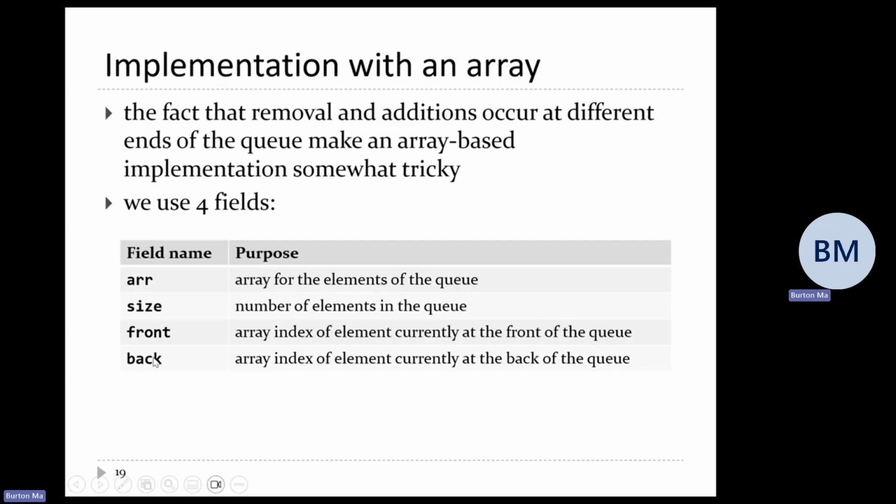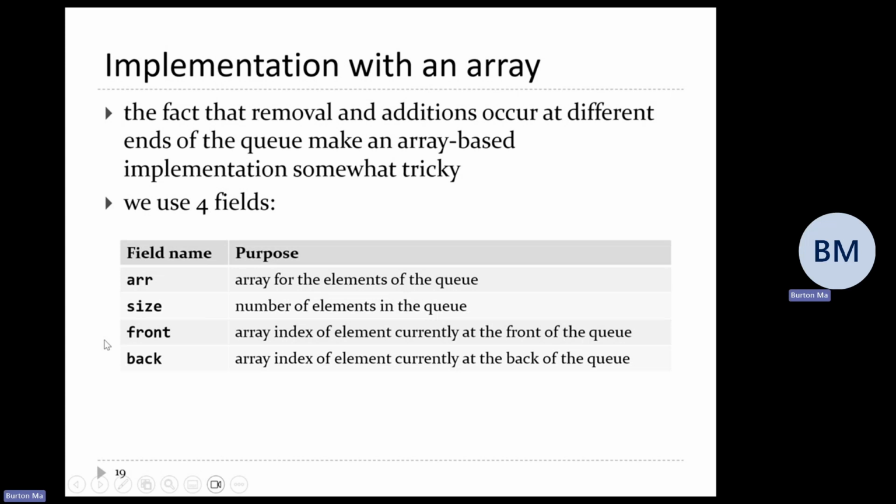Right. So where the stack had two fields, the array and the location of the top index, here I'm going to use 4, right? So here I'm going to have the array to hold the elements. I'm going to have another field called size, which holds the number of elements in the queue, right?